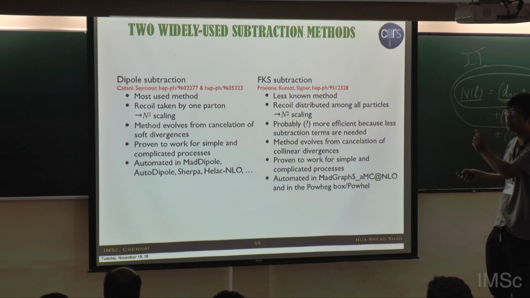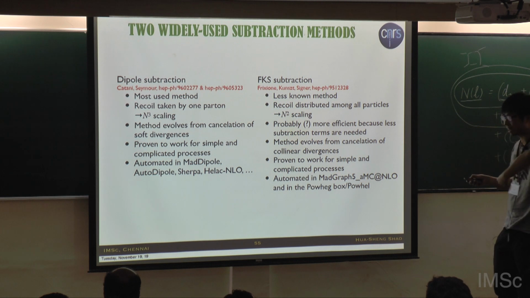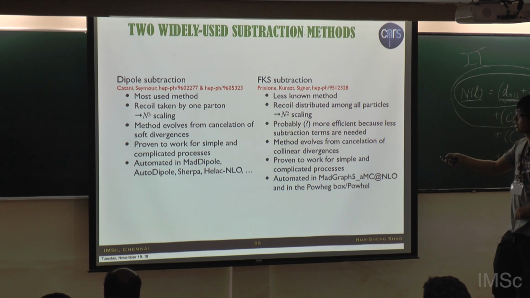In dipole, according to the soft configurations, based on having a spectator and an emitter, the recoil is taken by one parton. It scales, if you have enough external QCD legs, as n cubed. And FKS is based on the collinear configuration.